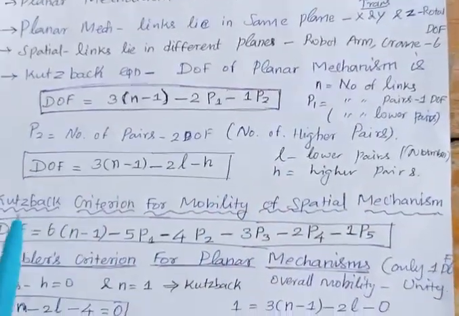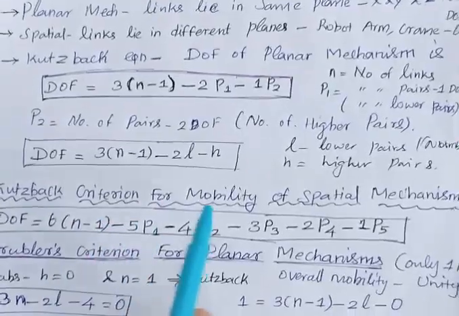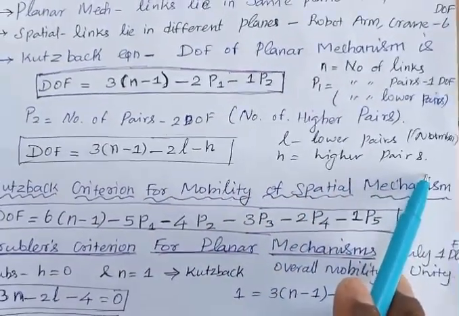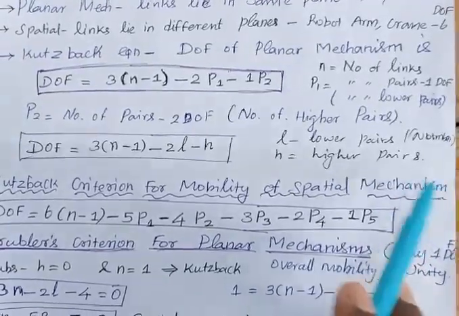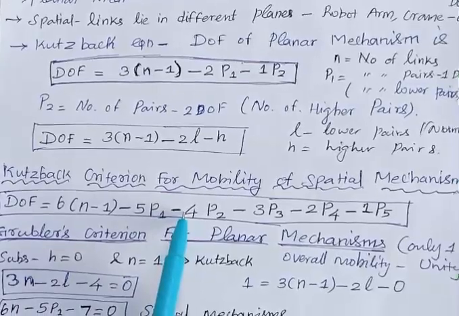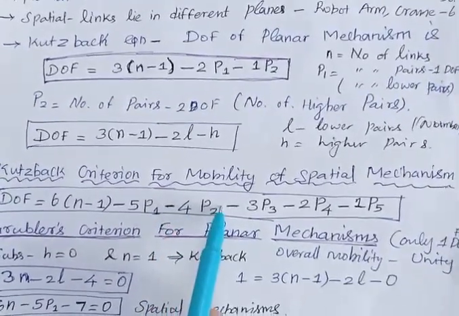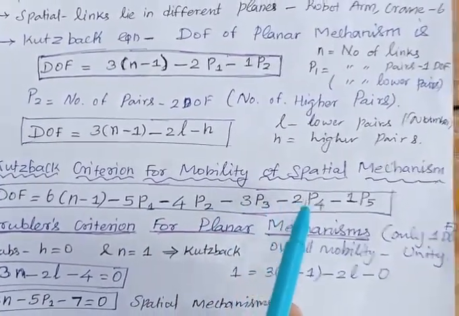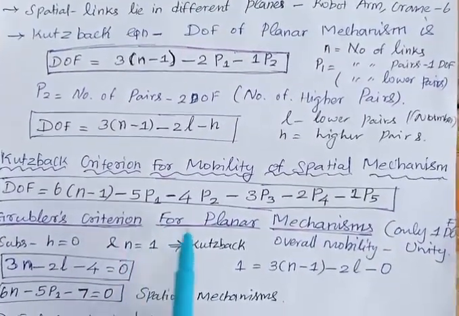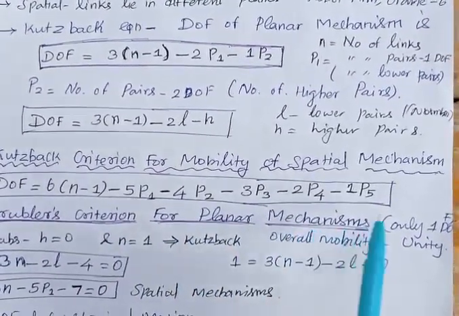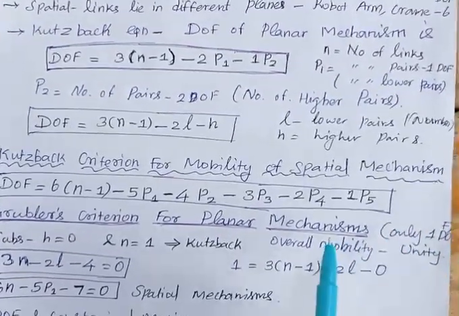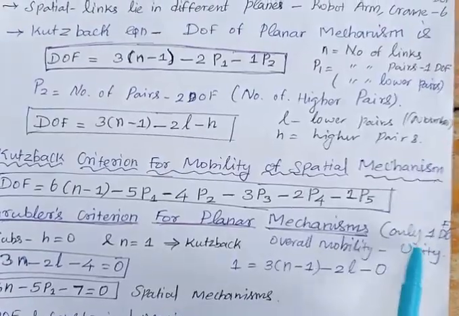Next formula, the Kutzbach criterion for mobility of a spatial mechanism: degrees of freedom = 6(n - 1) - 5p1 - 4p2 - 3p3, and so on. Grubler's criterion for a planar mechanism is applied only when there is a single degree of freedom, that is, overall mobility is unity.